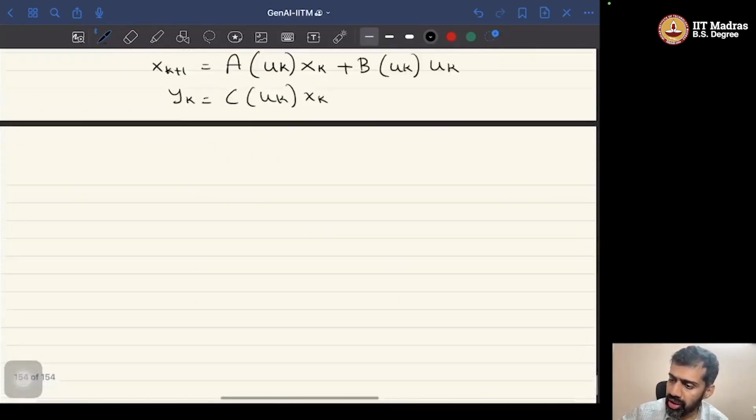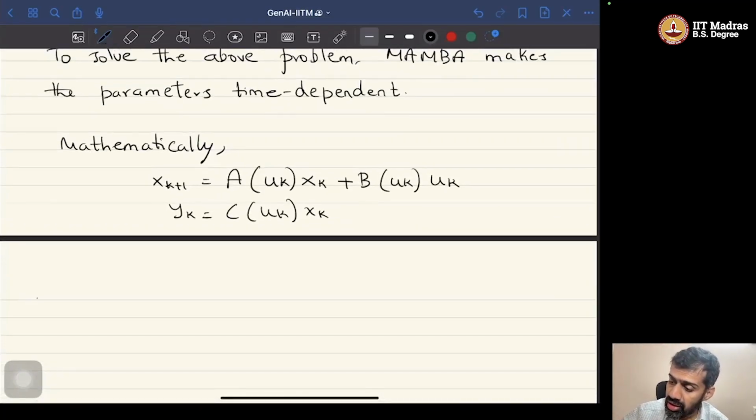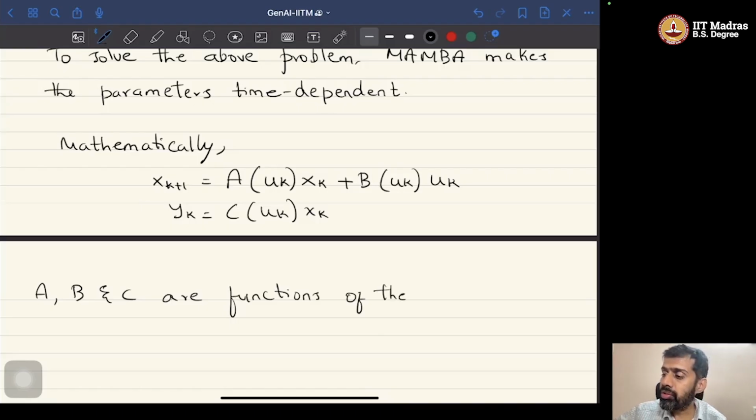Now what is to be noted here is a, b and c are functions of the input, functions of the input sequence uk. So this is the biggest difference between S4 and Mamba model.